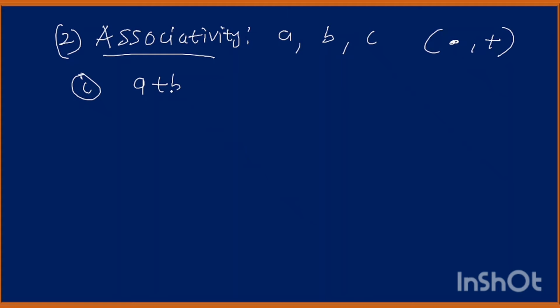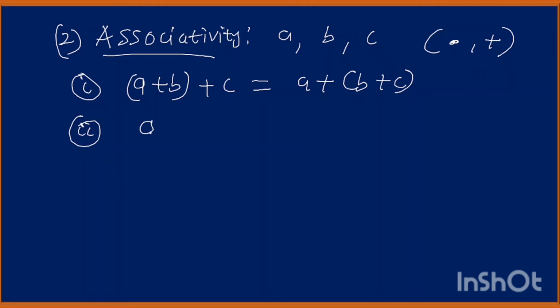A plus B in brackets, plus C, is equal to A plus B plus C in brackets. For multiplication, it states that A multiplied by B, multiplied by C, is equal to A multiplied by B multiplied by C. According to BODMAS, we always check out for the bracket first.